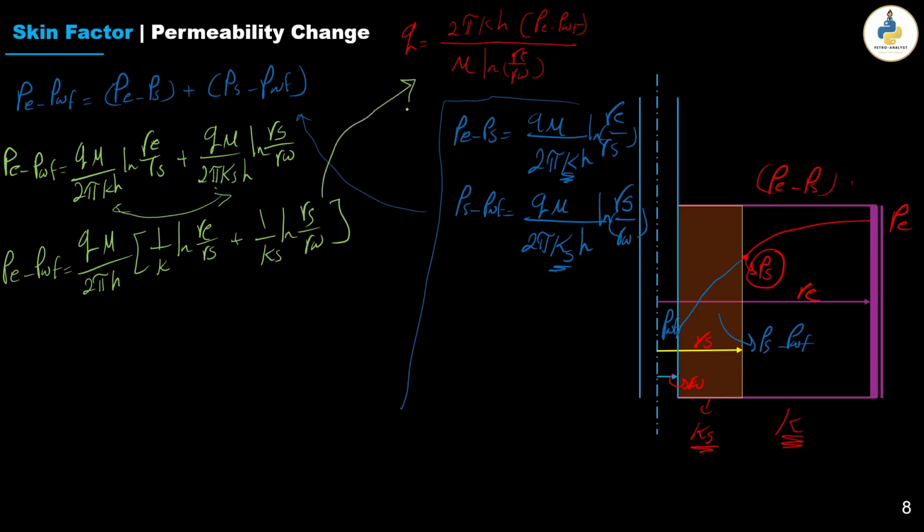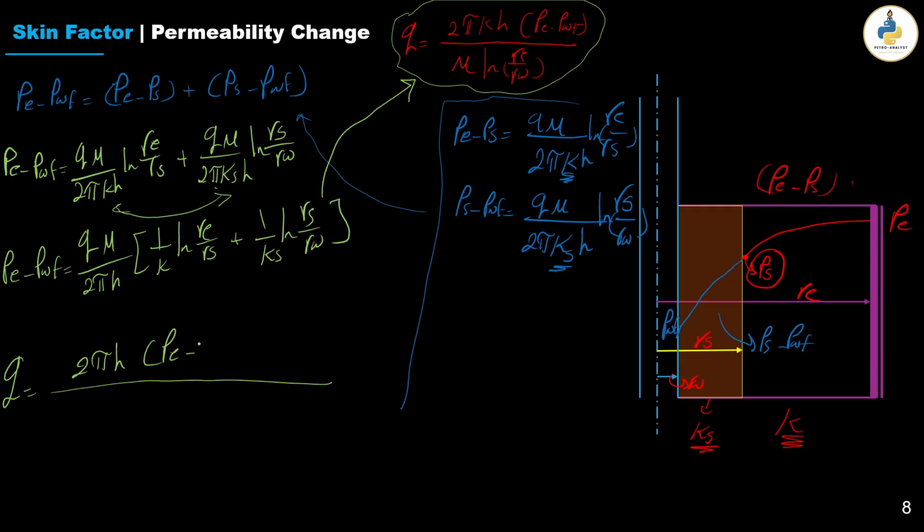By reformatting this equation into the equations that we know about Darcy, Q is going to be 2 pi H, PE minus PWF over ln RE over RS times 1 over K plus ln RS over RW times 1 over Ks.